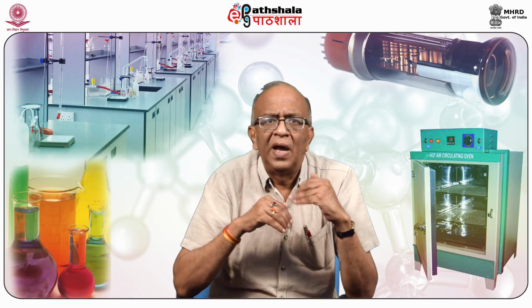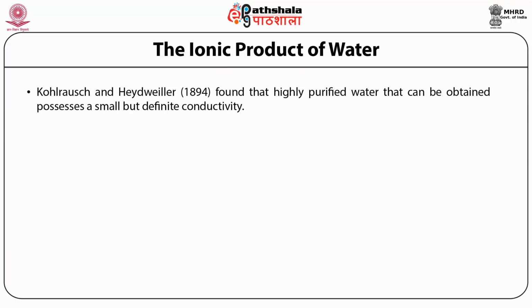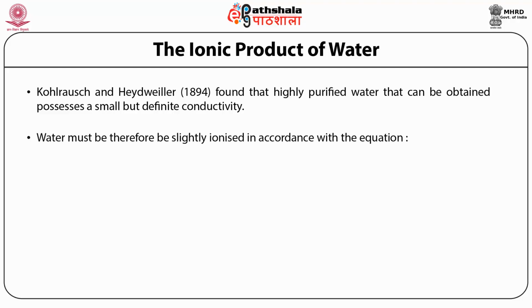Kohlrausch and Heydweiller in 1894 found that the most highly purified water that can be obtained possesses a small but definite conductivity. Water must therefore be slightly ionized in accordance with the equation H2O ⇌ H⁺ + OH⁻.